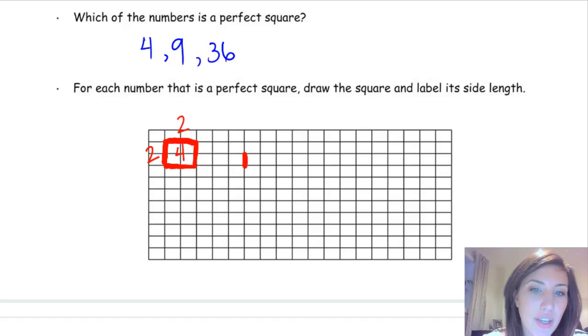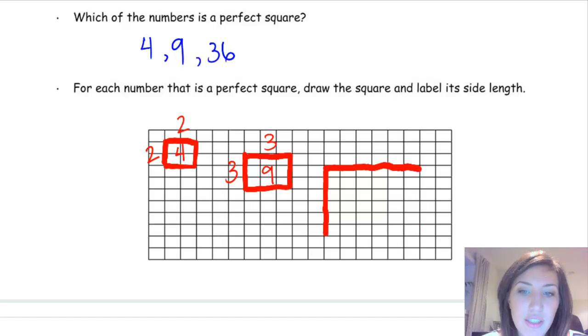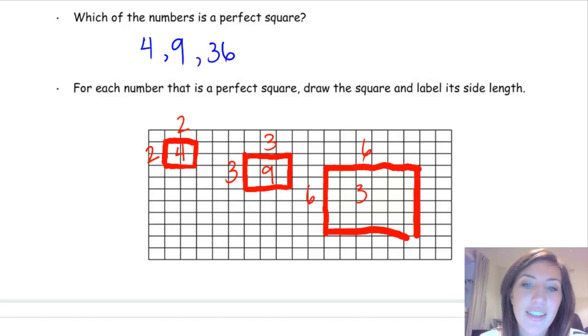Well, 9 is 1, 2, 3 times 1, 2, 3. So we have here 3 times 3 gives us 9. And last but not least, we have 36, which is just 1, 2, 3, 4, 5, 6 blocks down, and 1, 2, 3, 4, 5, 6 blocks across. And if we do 6 times 6, we get 36.